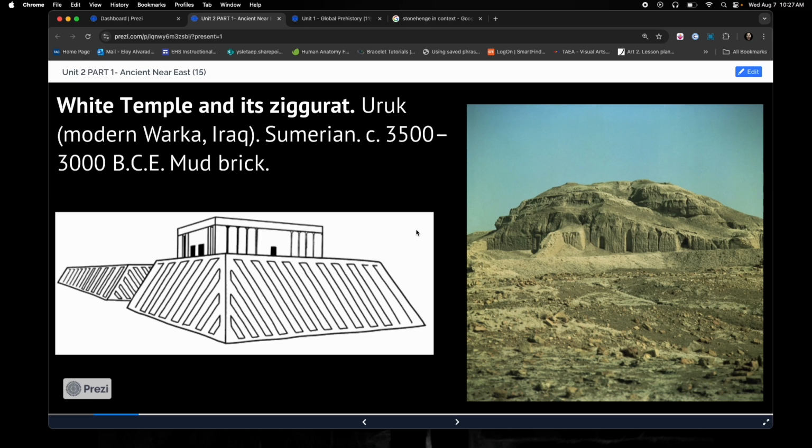So if your temple is facing the east, the first rays of the sun, because they still think that at this point, the sun is like, how does this happen? So the first rays of the sun shine onto what's called the cella, the main part of the temple. And it shines onto whatever cult statue of the god is in there, because they have a statue of the deity in the temple.